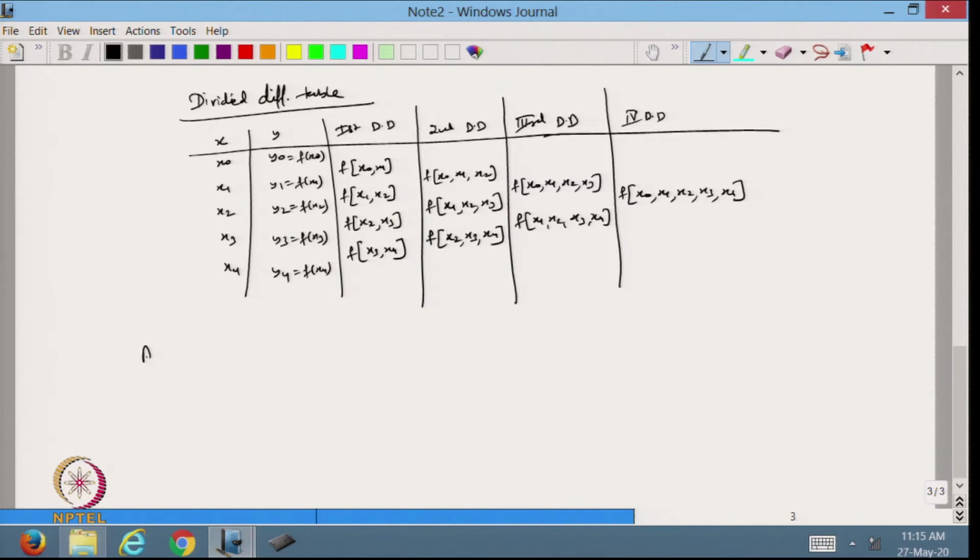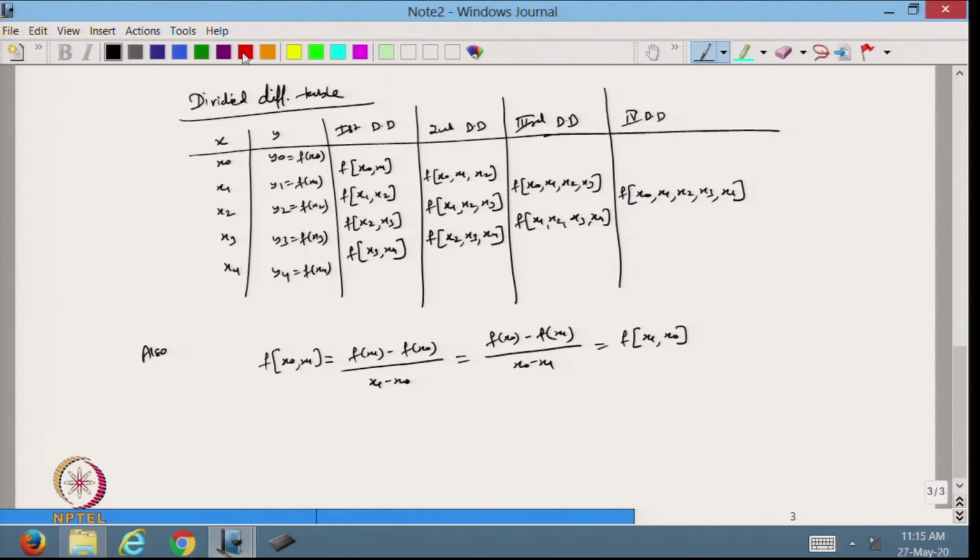Also, if I write f[x0, x1], this is equal to (f(x1) minus f(x0)) divided by (x1 minus x0). This I can write as f(x0) over (x0 minus x1) plus f(x1) over (x1 minus x0), which is f[x1, x0].